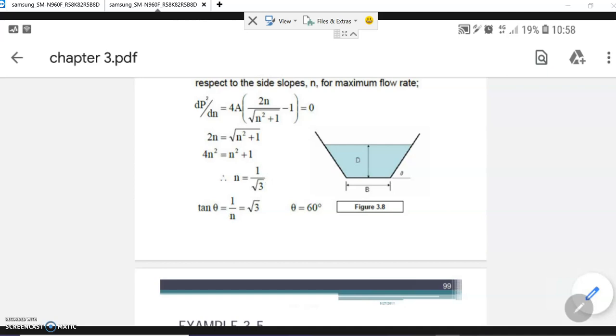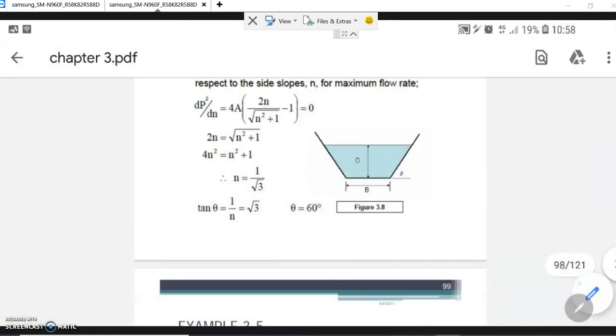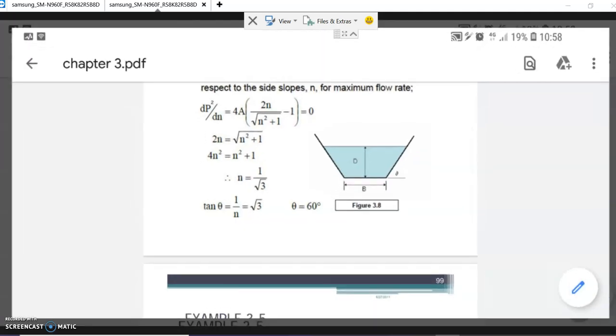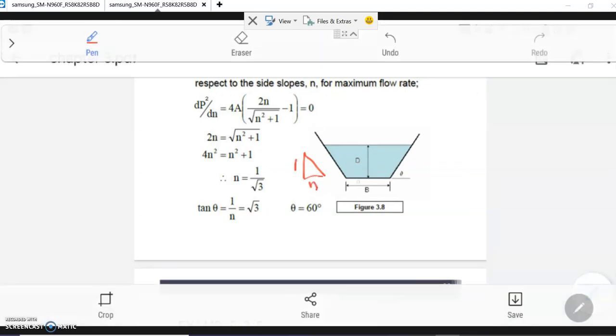So since tangent theta, how do we know tangent theta? Because this is 1 to N. Okay, so tangent theta is, tangent is opposite over adjacent.